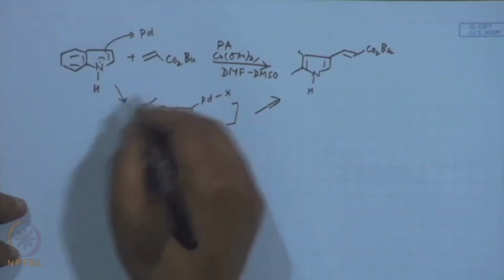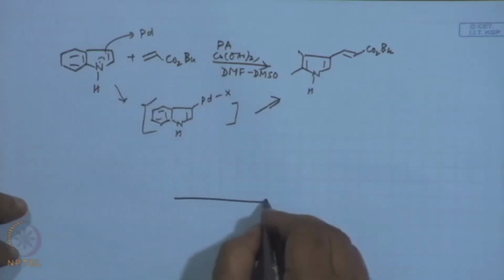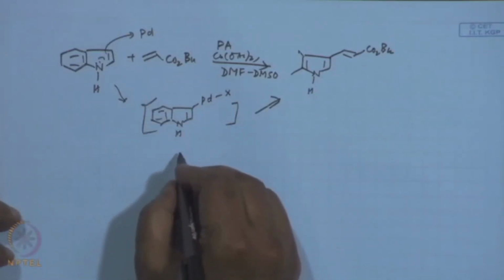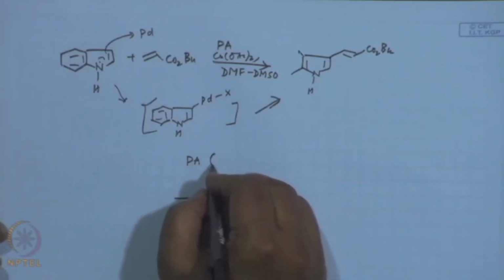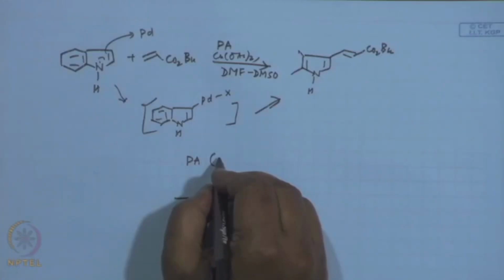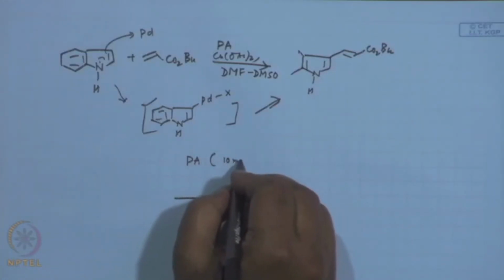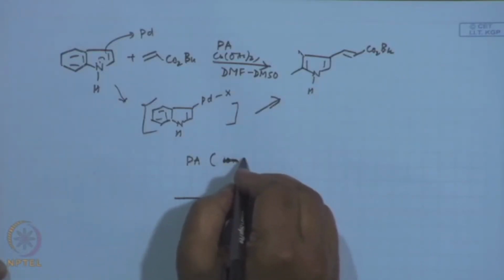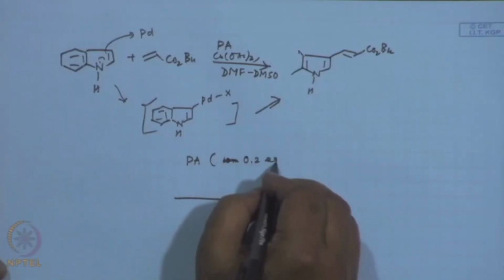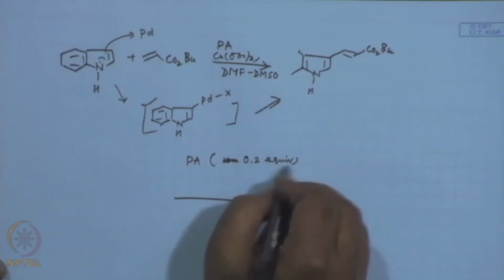Again the same combination of reagents, and the reaction condition involves again palladium acetate, only 10 mole percent, sorry, it is something like 0.2 equivalent is better. We will find out the percentage.